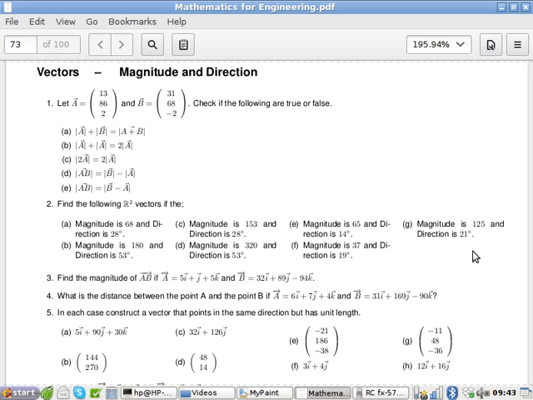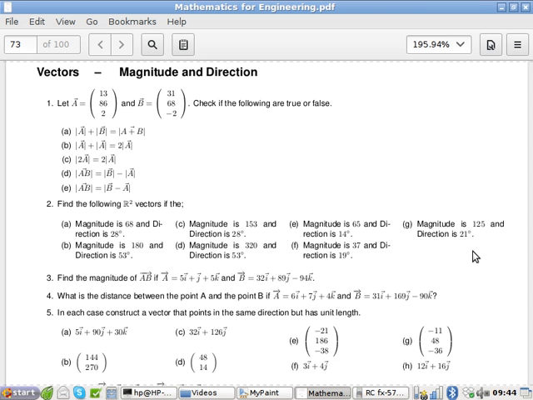Go to 6. No, we're going to do 6 together when you're finished. So just one more minute, and then we're going to have a look at 6. This is the formula.